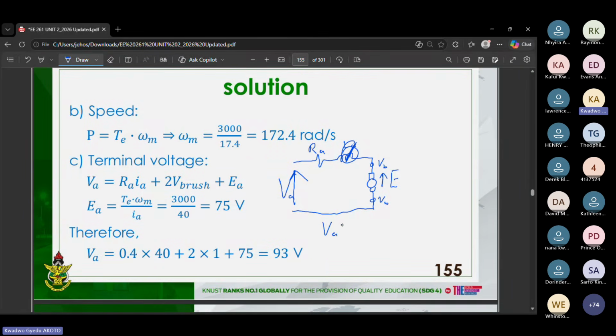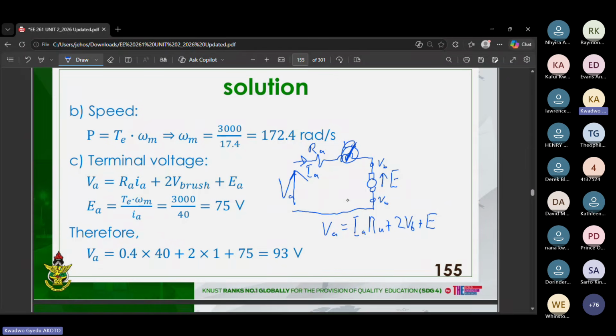VA is equal to some current IA times RA, plus the voltage drops across our brushes, 2VB, plus E, right? So now we have IARA. IA was stated in the question. RA was stated in the question. Drops across our brush was stated in the question to be 1.